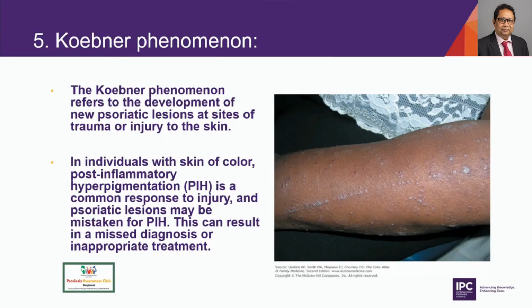In individuals with skin of color, post-inflammatory hyperpigmentation is a common response to injury, and the psoriatic lesion may be mistaken for post-inflammatory hyperpigmentation. This results in a mixed diagnosis or inappropriate treatment.